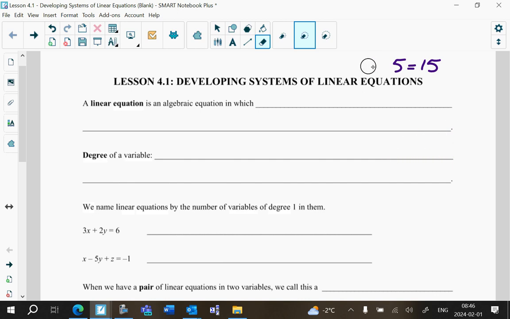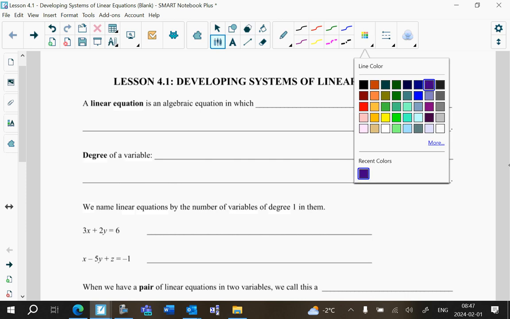So anyway, what we have been studying is something called linear equations. Okay, that's what we've been doing. You guys did it in middle school, and we did it quite a bit in grade 9. We've been doing it this year as well.